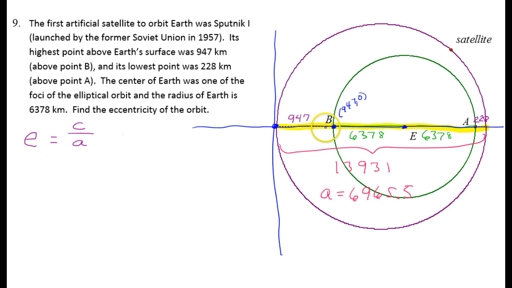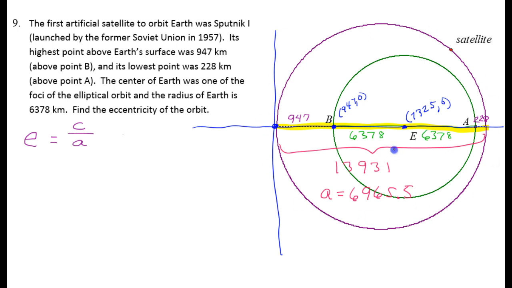The x value of this point would be whatever is 947 plus 6,378. Let me just punch that in my calculator real quick. 947 plus 6,378. So the coordinates of this point would be 7,325, comma 0.